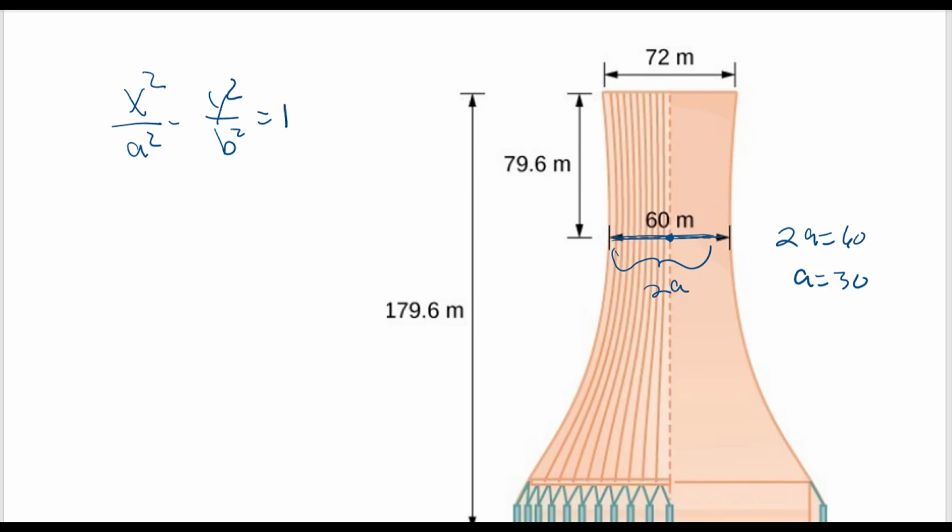And we already said our a is 30, so it's x squared over 30 squared minus y squared over b squared equals 1. So we have to try to figure out what our b is going to be. We do have a point on the curve right up here.